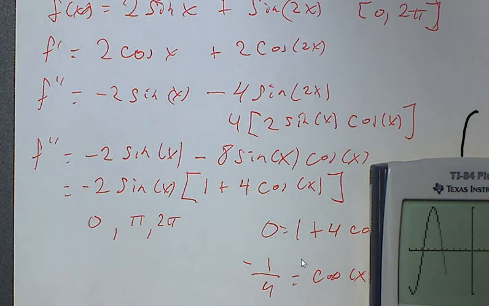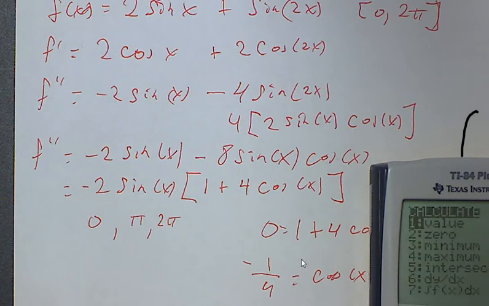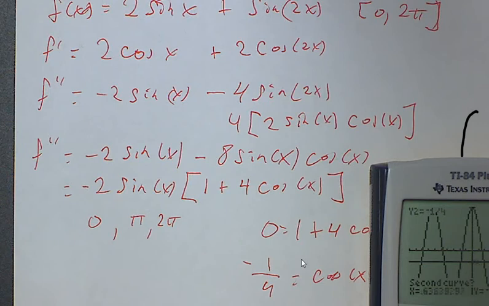There we can see it better. So trace, second trace, intersect. The first one should be right here at 1.8, which is what our calculator gave us, right? The next one's right here next to it, second trace, intersect, a little closer, 4.45. Is that bigger than 2 pi? 2 pi would be 6 point something, so that's within range.